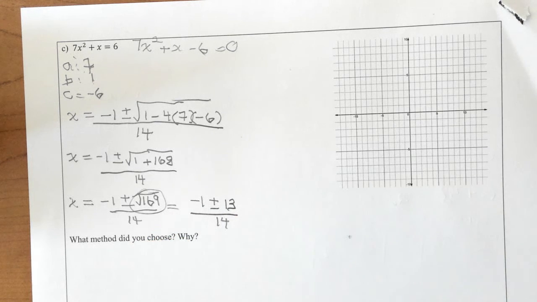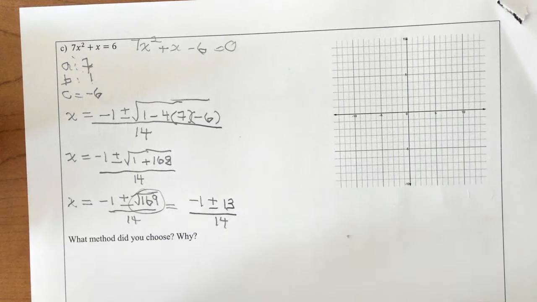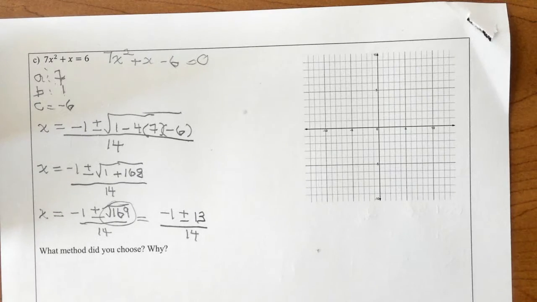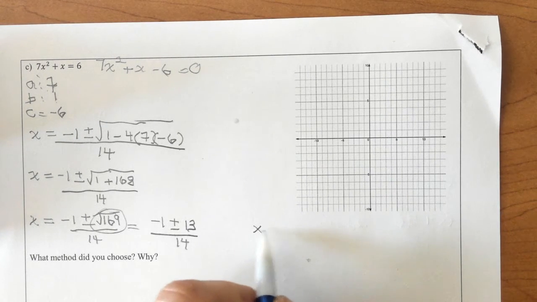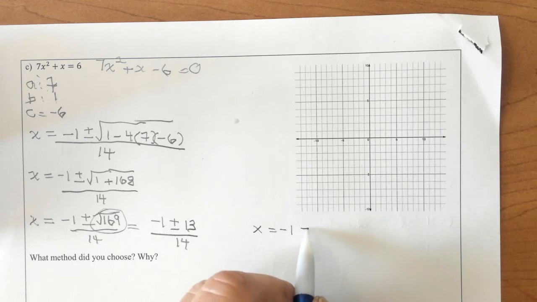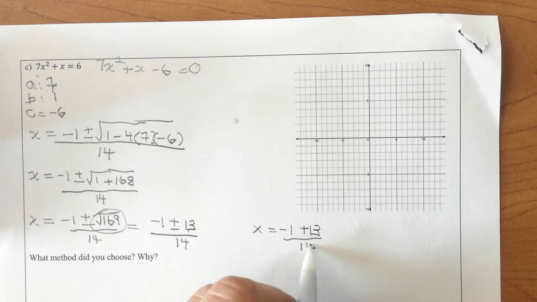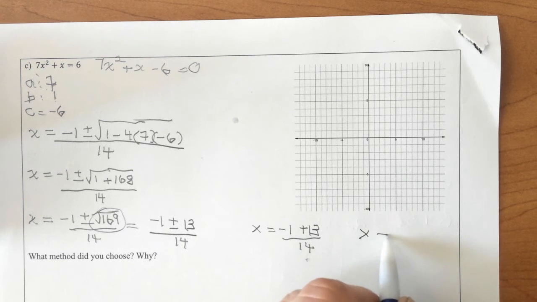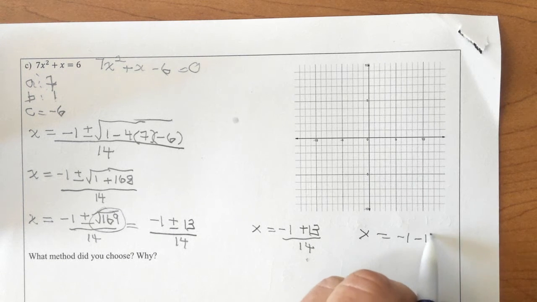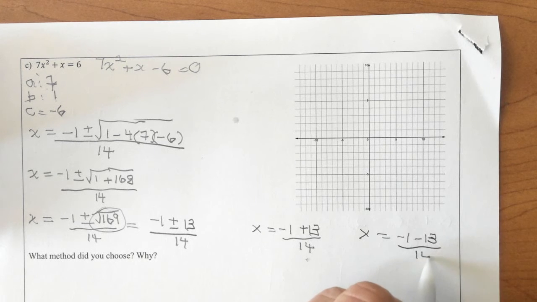So now I've got to do my two equations. Let's set those up. I've got x is equal to minus 1 plus 13 all over 14, and I've got x is equal to minus 1 minus 13 all over 14.